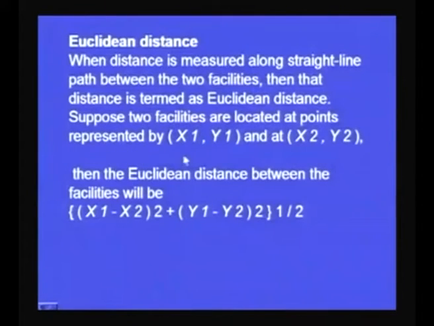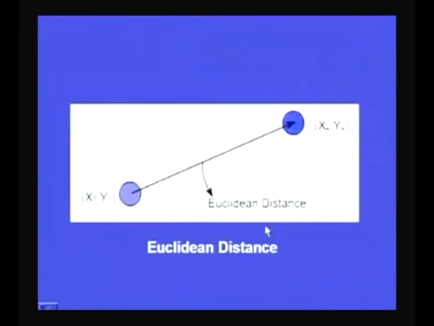Suppose two facilities are located at points x1, y1 and x2, y2, as we have already seen. Then the Euclidean distance between the two facilities will be given by (x1 minus x2) squared plus (y1 minus y2) squared, and the whole raised to the power 1 by 2. So, what is a Euclidean distance? Let us try to understand it with the help of an example.